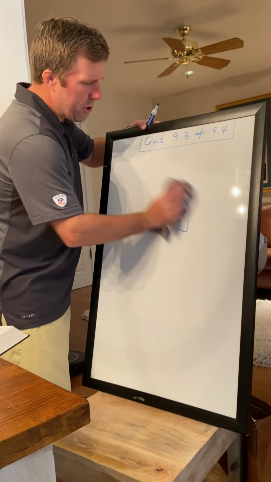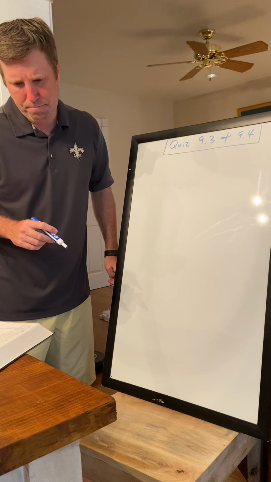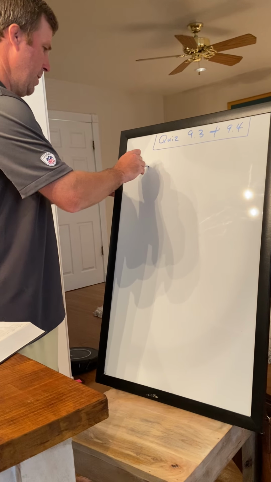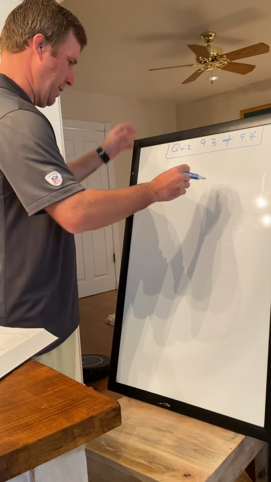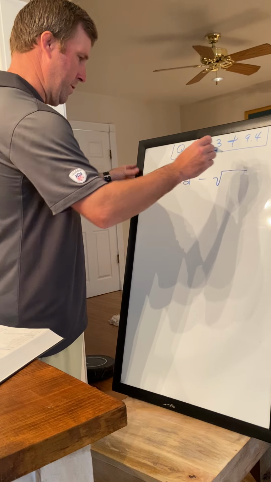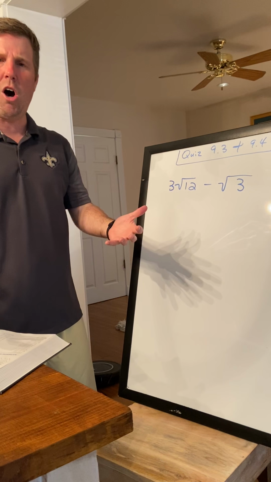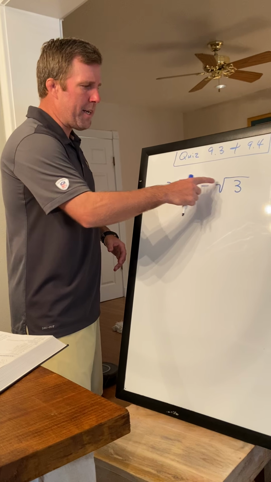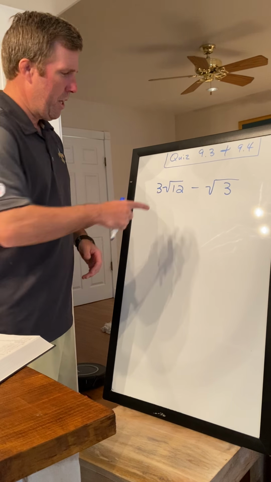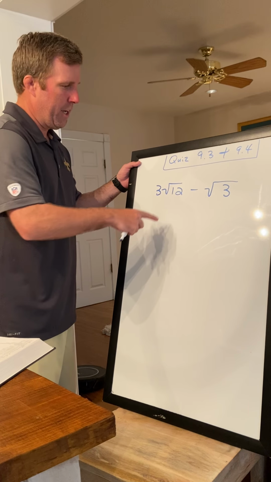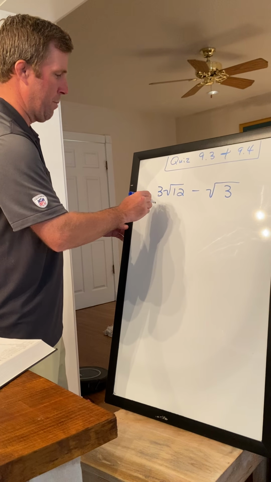All right, so let's try a couple examples. For instance, maybe something like 3 times the square root of 12 minus the square root of 3. At first thought, it looks like they have the same index of 2, but the radicand's not the same. But this 12 can be simplified. So it looks like they don't have the same radicand, but this one's not fully simplified.